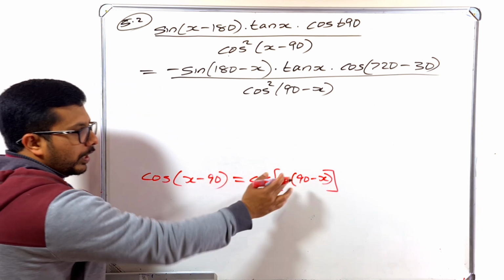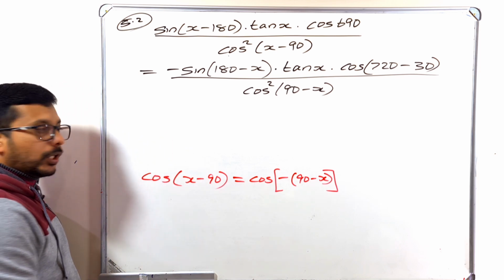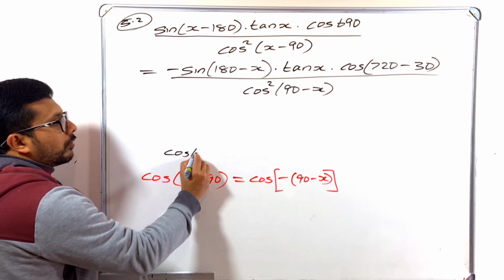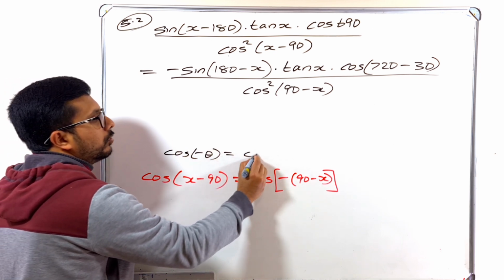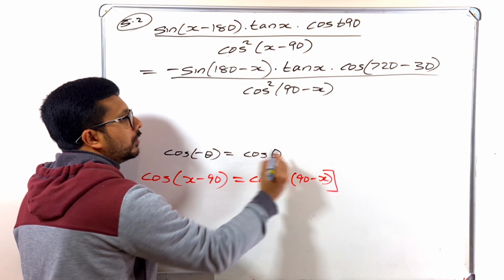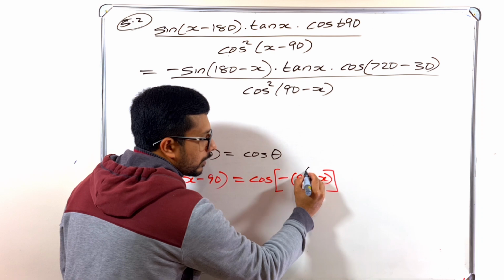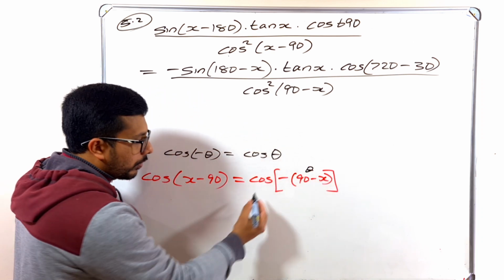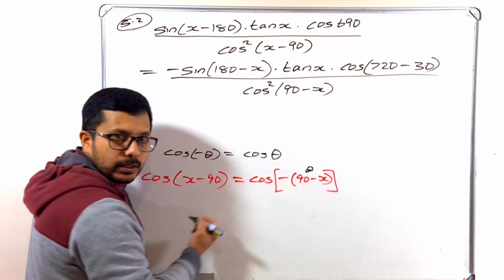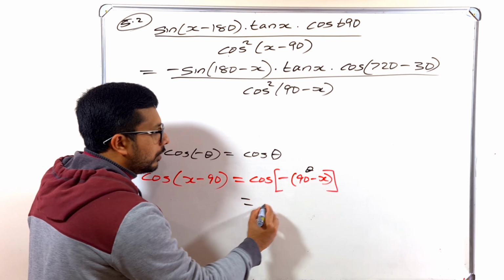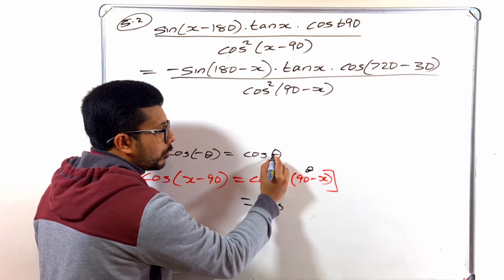So we can write it like this. And at the same time, I already told you cos of minus theta is equal to cos of positive theta. If you consider this 90 minus x as our theta, so now read cos of minus theta. So how can you write? That is cos of positive theta.